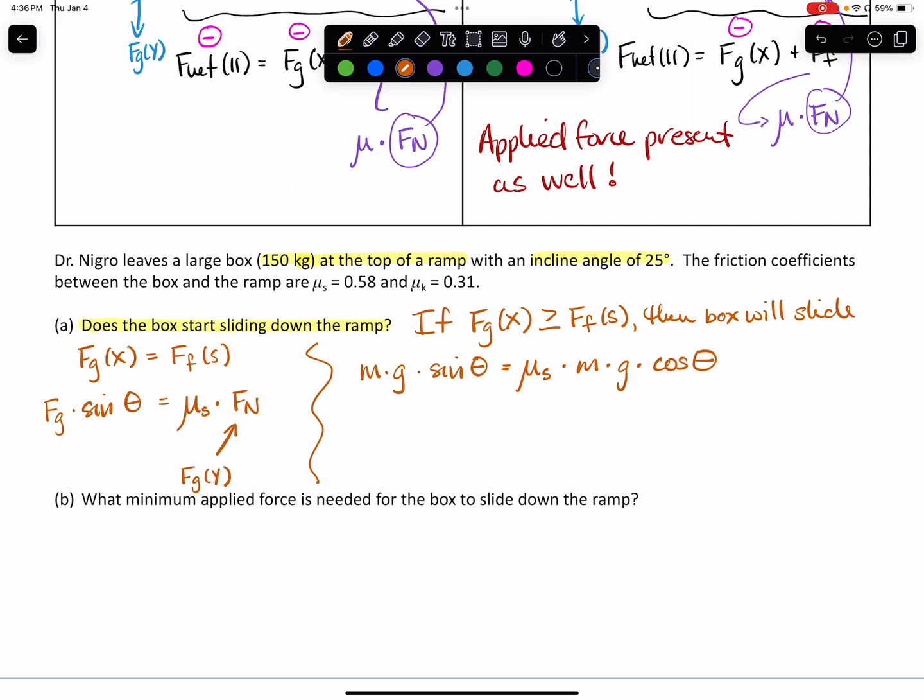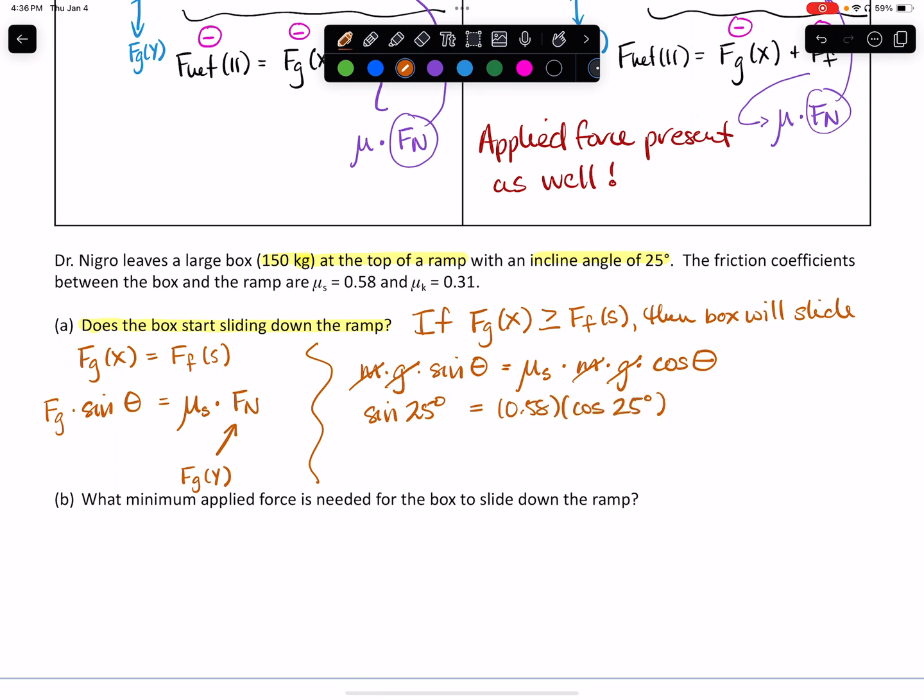And I don't know if you noticed, but mass is on both sides and so is gravity, so I can cancel both of those out. Then I can solve and see if the two sides are equal to each other. So the sine of 25 degrees equal to 0.58 times the cosine of 25 degrees.